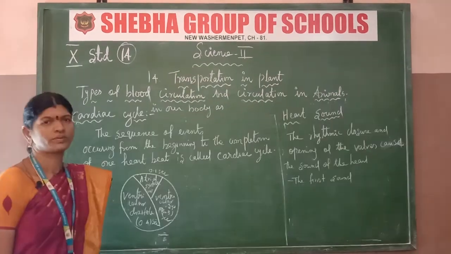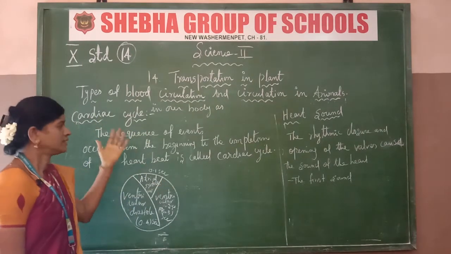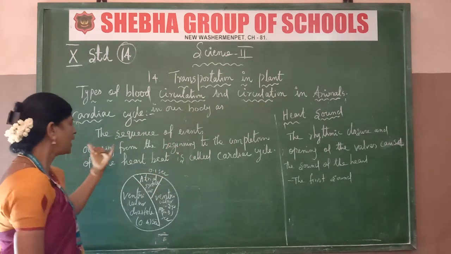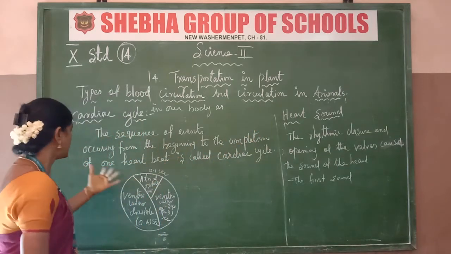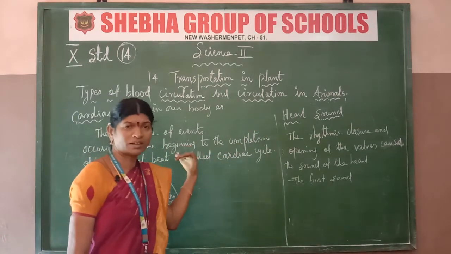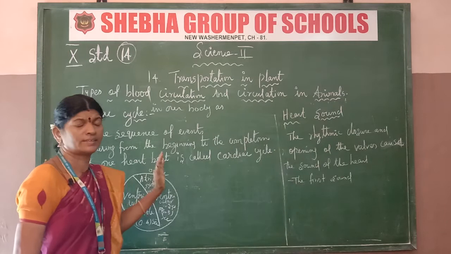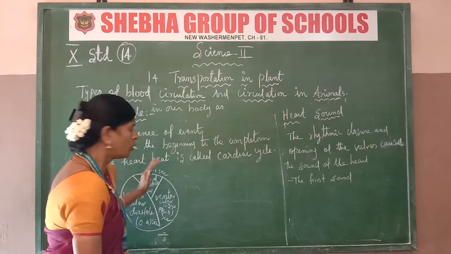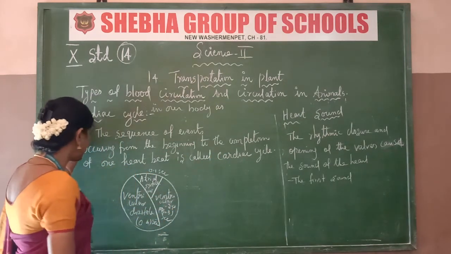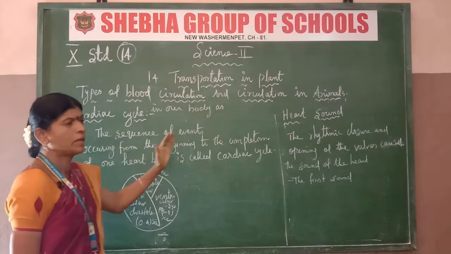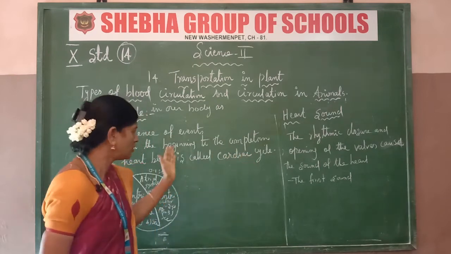It's clear? Next, we are going to the cardiac cycle. What is the cardiac cycle? The sequence of events occurring from the beginning to the completion of one heartbeat is called the cardiac cycle. There are 3 types of phases.